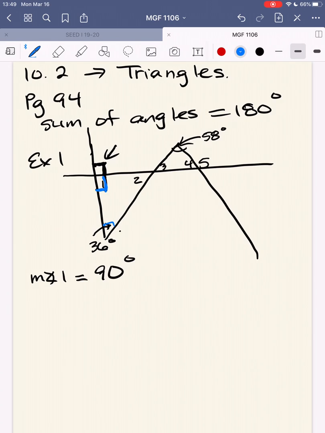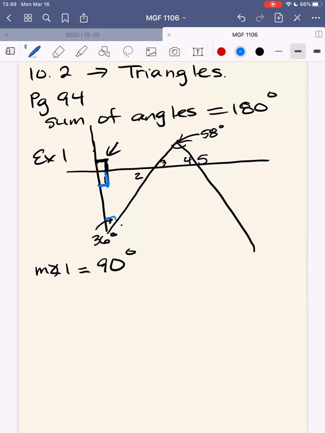To find the measure of angle 2, I know that the sum of these 3 angles, 1, 2, and 36, has to be equal to 180. Angle 1 is 90, I'm given an angle that's 36, and I'm looking for angle 2, which I'll call x. They must add up to 180.